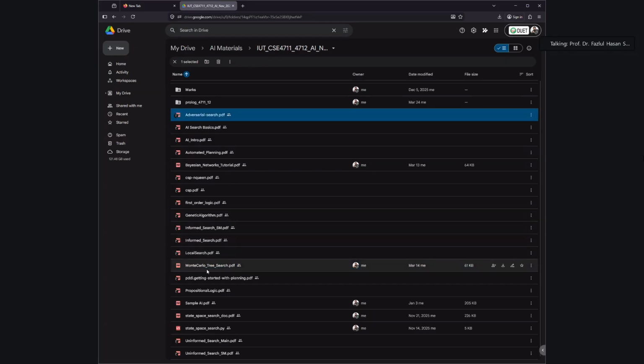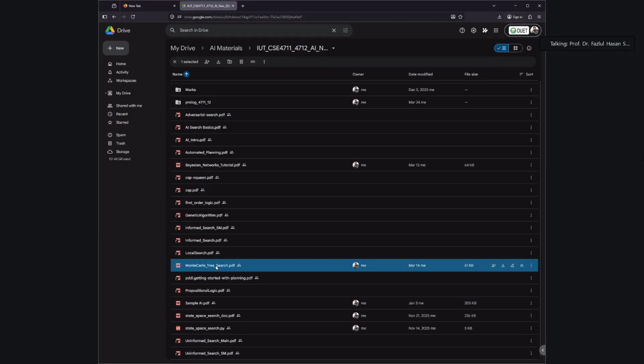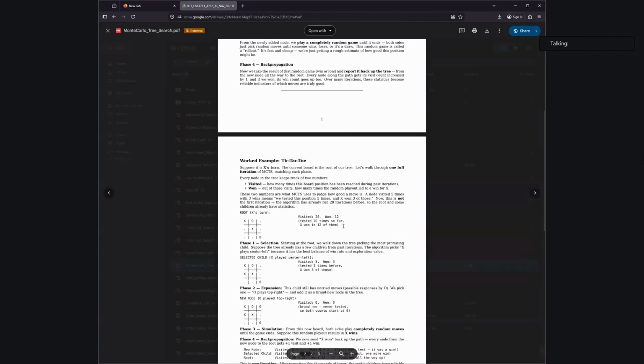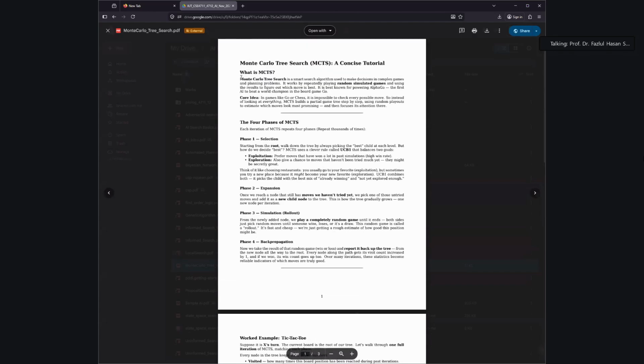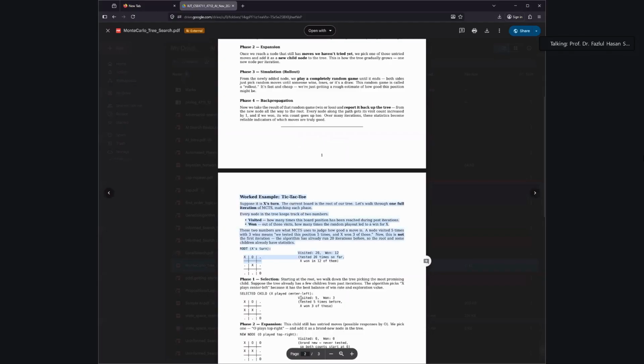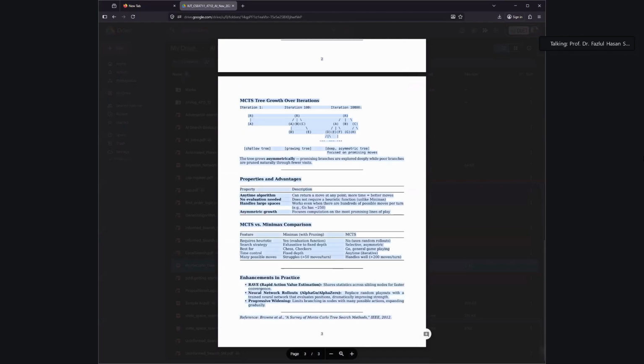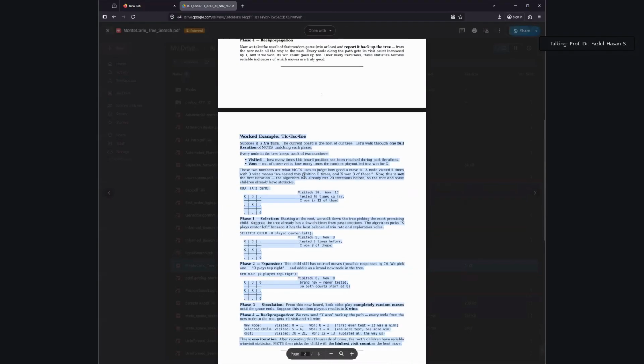I just keep it separately. Remember, the main part is only in the first slide, but I already gave a step-by-step example on the same problem, that is tic-tac-toe. The only reason I keep the same problem is that you are already familiar with it and you know how to calculate the heuristics of this problem.